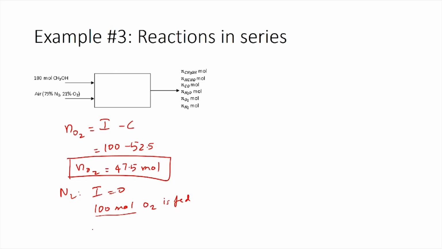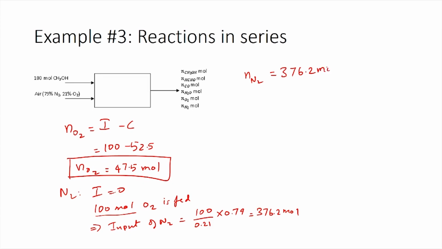Based on that information we can calculate the input of nitrogen as 100 divided by 0.21 times 0.79, which gives us a value of 376.2 moles. So, the nitrogen leaving the system would be equal to the input, which is 376.2 moles.